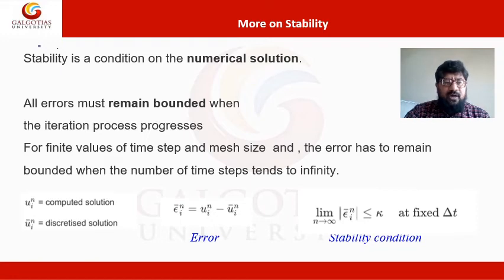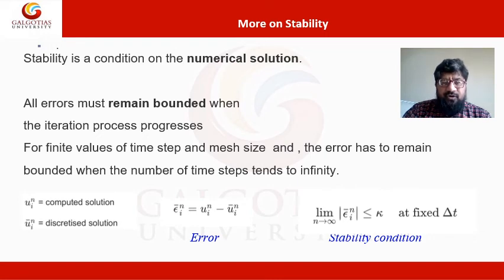So if u i at time level n is the computed solution which we have obtained by solving the discretized version using a computer or manually, and u i bar n is the exact discretized solution with zero round off error of the finite difference equations, then the error will be the computed solution minus the discretized solution.